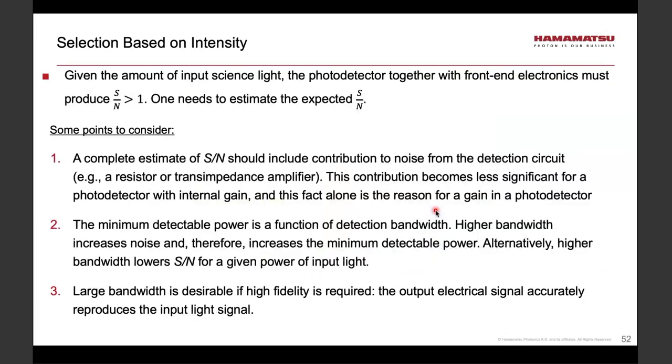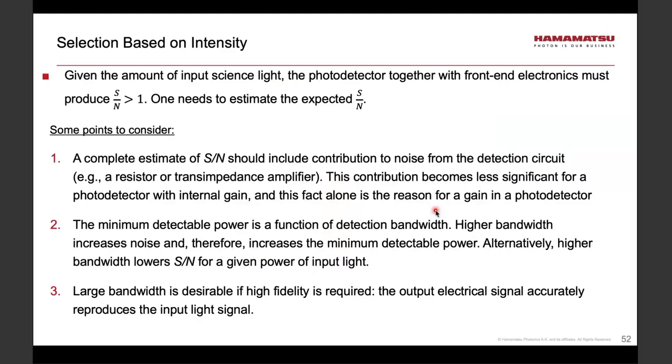Okay, then we have a selection based on intensity. There are a number of bullet points here. We don't have much time to go over them in any great detail, but I will summarize in a single sentence. Here we have to optimize or maximize the signal to noise ratio.